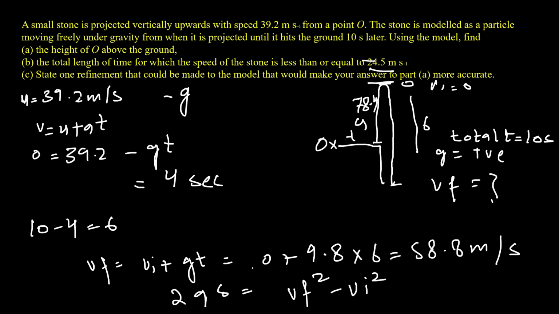We know Vi is equal to 0. Vf we have just found, which is 58.8. Gravity g we know is 9.8. So s will be the total height the stone reached from the ground.